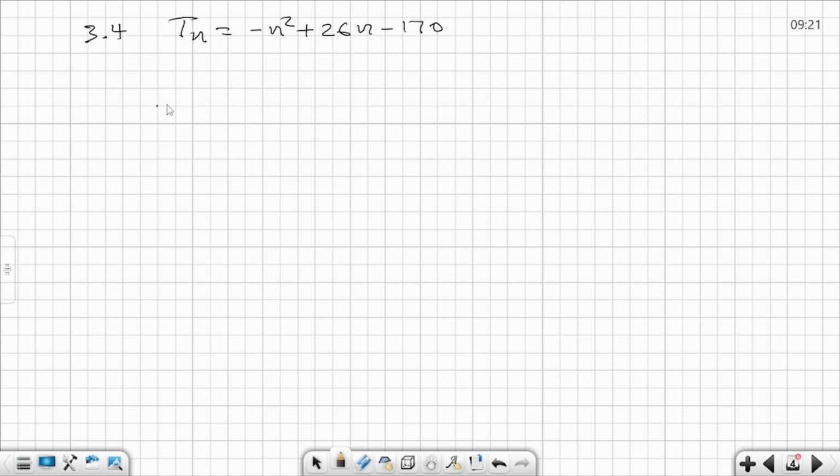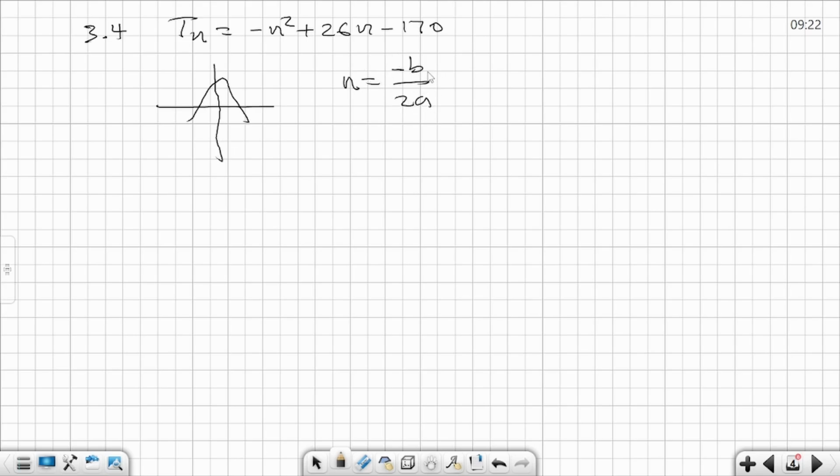Remember this is a parabola that is concave down. So it will be something like this parabola, and there is a maximum. To find the maximum, you will need to find first the value of n that will be plugged into this general term to get your maximum. So you're going to use this one, n is equal to -b over 2a.